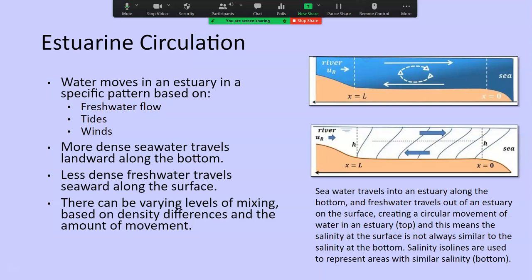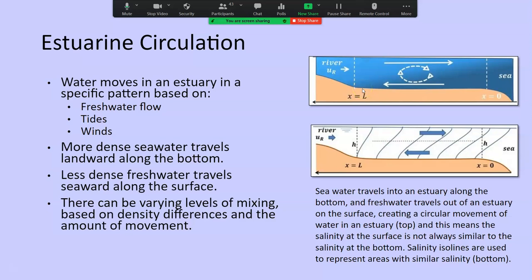And that's because seawater is very high in salinity, has a lot of materials in it that makes it heavier per unit volume, and it's going to travel below lighter freshwater. The salt itself causes that increase in density. And then we have less dense freshwater traveling seaward along the surface. And so if you've got a river meeting the sea, that river water is traveling along the surface, the seawater is traveling across the bottom.